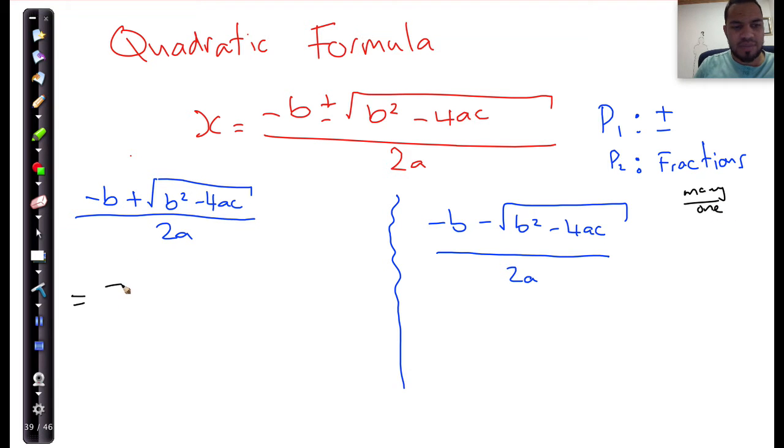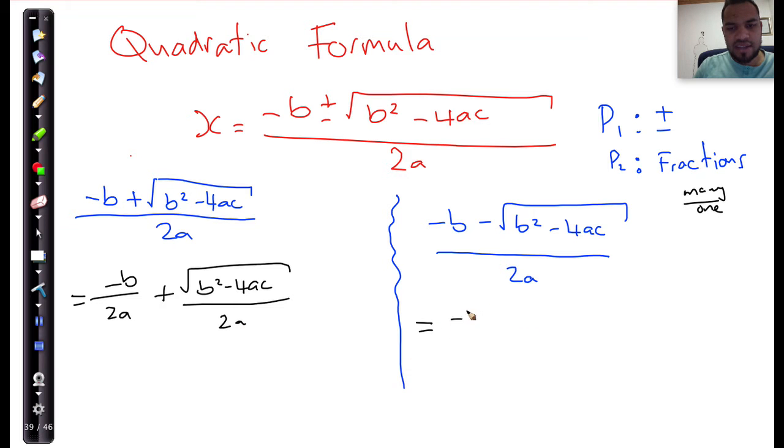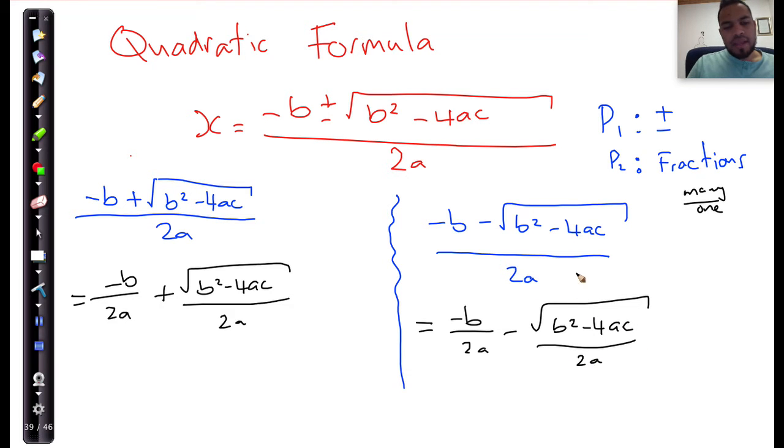So I'm going to say that's minus b all over 2a plus the root of b squared minus 4 times a times c all over 2a. And this thing over here is going to be minus b over 2a minus the root of b squared minus 4ac over 2a.